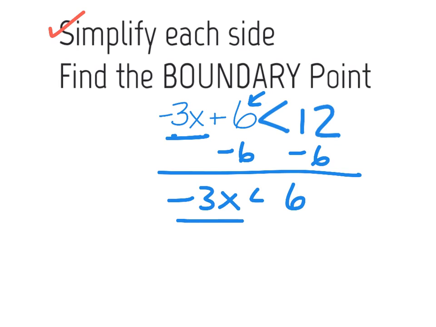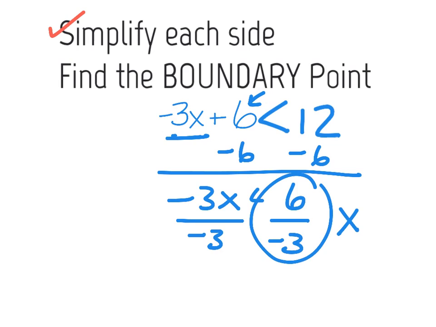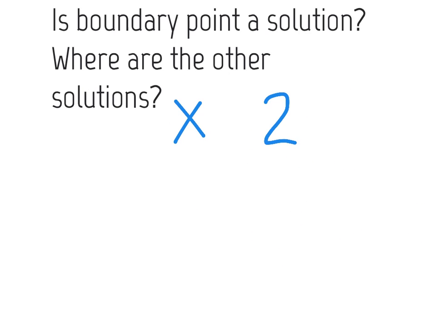We're going to get rid of this multiplication by dividing. And so at this point, we know that the boundary point is 6 divided by negative 3, which is negative 2. So we want to find out if this negative 2 that we have here is part of the solution set.